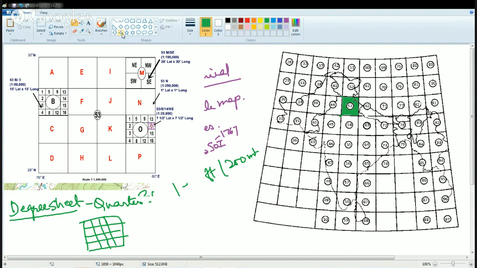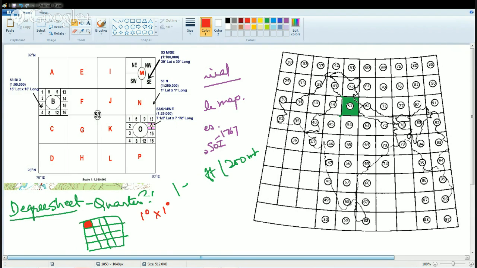Each grid here would be 1 degree by 1 degree. So the size of a degree sheet is 1 degree by 1 degree.